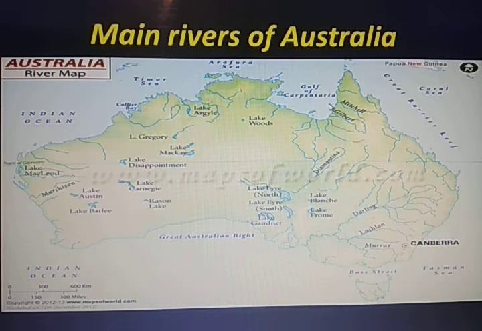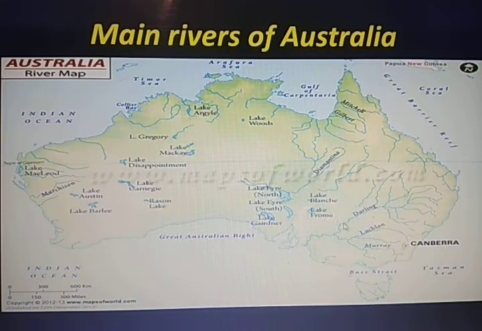The central part is around Lake Eyre, which is an important lake. Lake Eyre is the low-lying lake present in this lower part, right? Toward the north is the upper part, and in the lower part we are getting Lake Eyre.